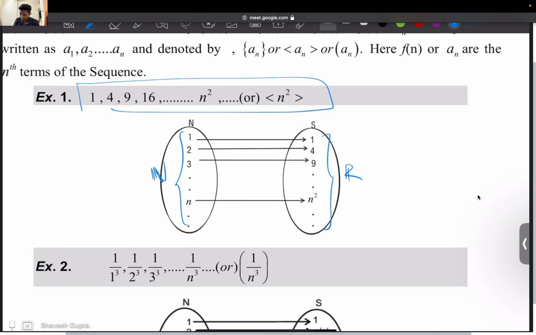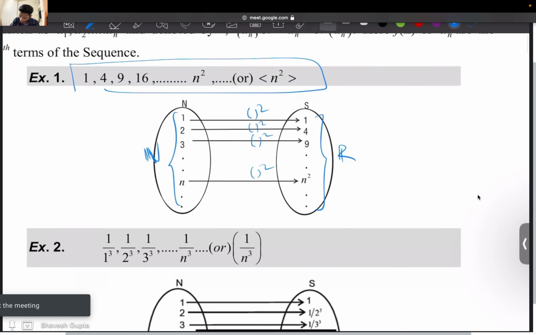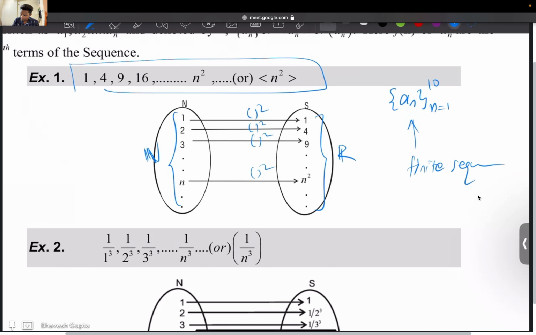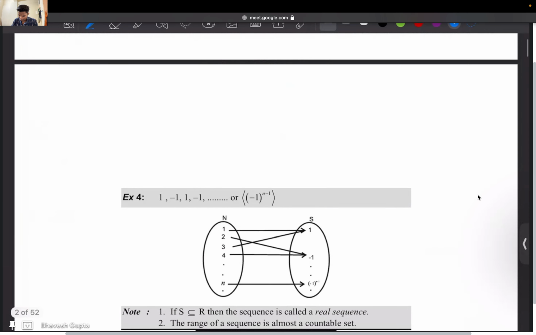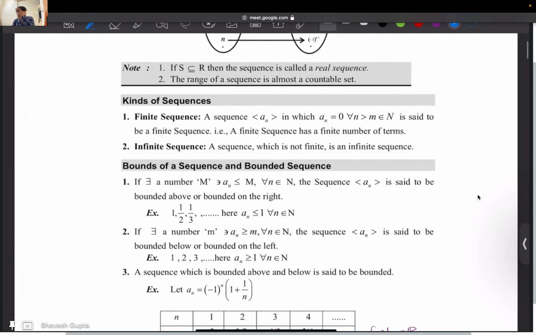You can see how they are mapped: as some sort of square function. We always represent sequences this way, where it starts from some n and, say, ends at maybe 10, and we call that a finite sequence. This is all about definitions. Now let's get to the main point.